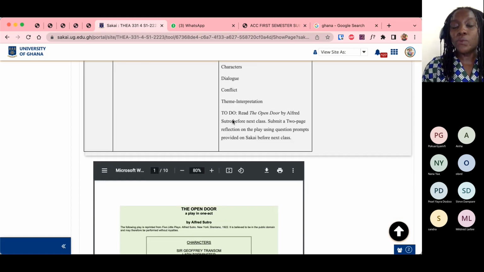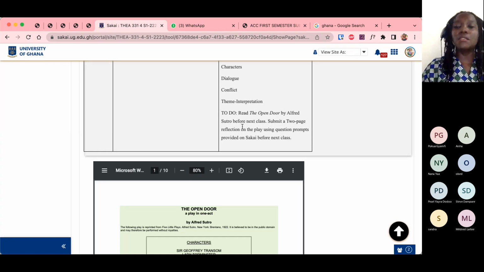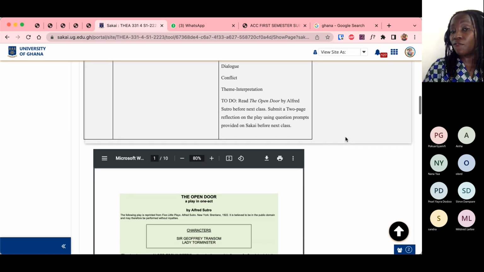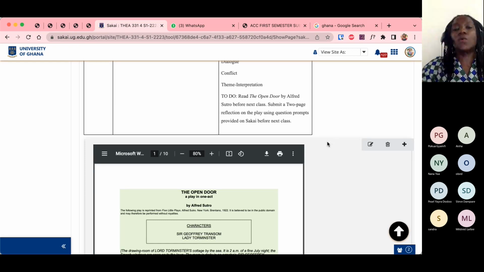And then for the following week, you're supposed to read The Open Door by Alfred Sutro before the next class. And so I am advising that you read both 1-act plays. And when you are done and you have made your notes and you have started answering the questions for your individual assignments and also started working together in groups for the given circumstances, you move on to reading the other full-length plays, because the full-length plays are like just combining three different one-act plays.